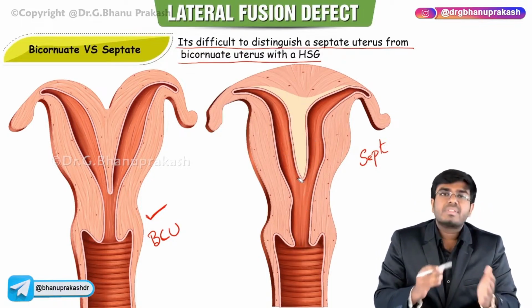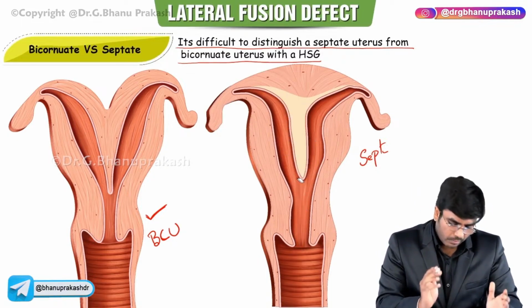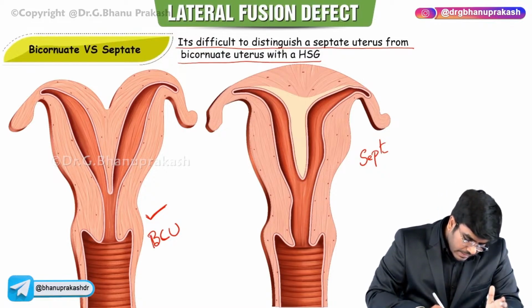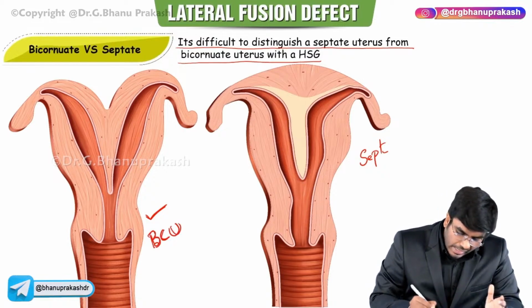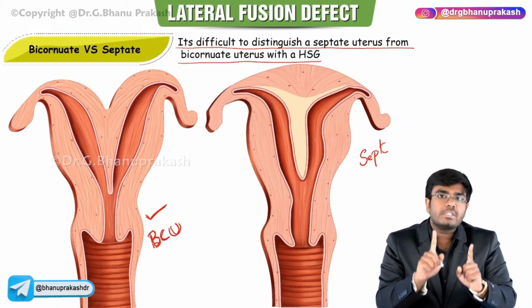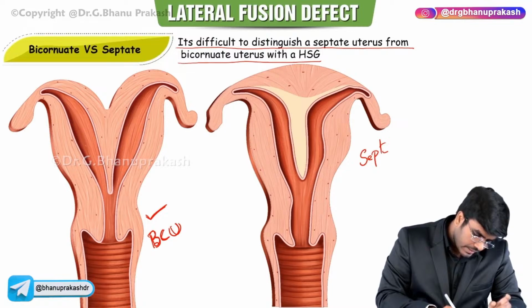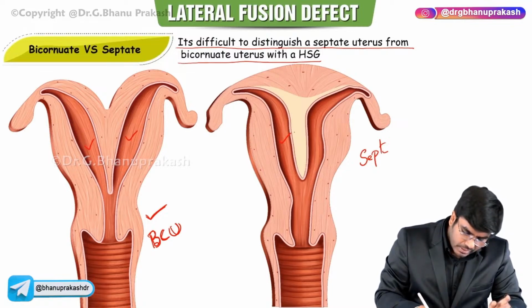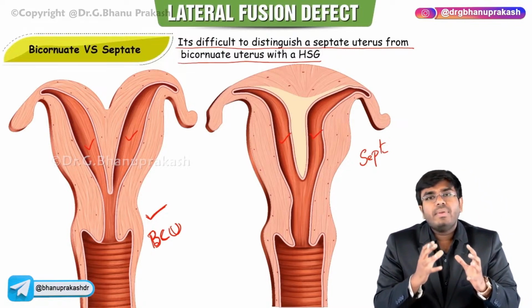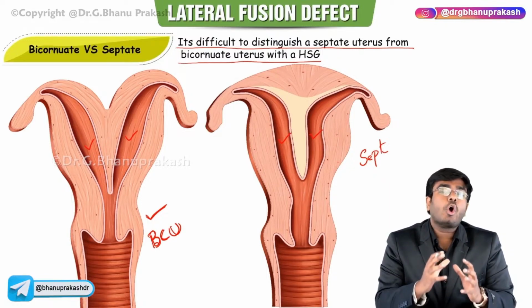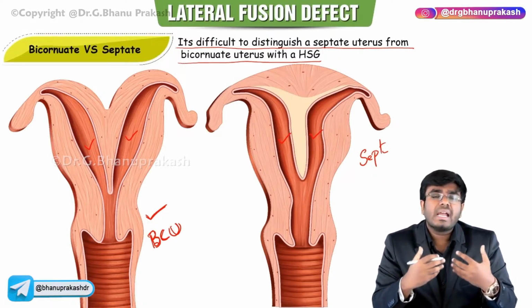Both of them are septate uterus. Now, please concentrate that in bicornuate uterus and in septate uterus, the cavities look exactly the same. Concentrate only on the cavities. If I fill these cavities with a radio contrast dye, they look exactly the same.